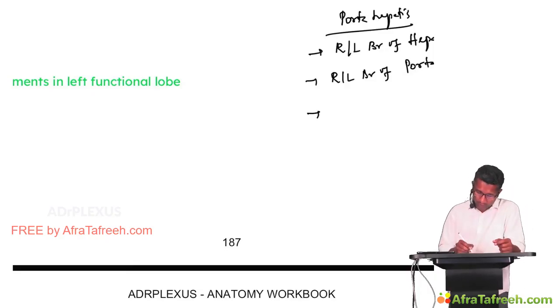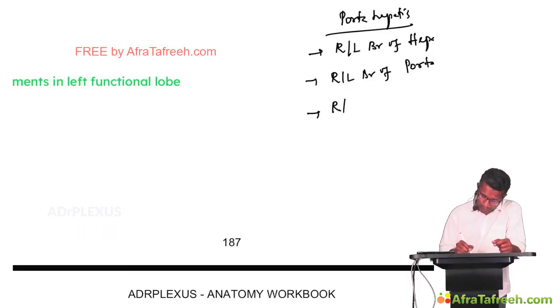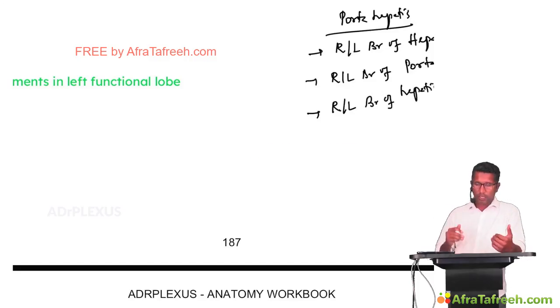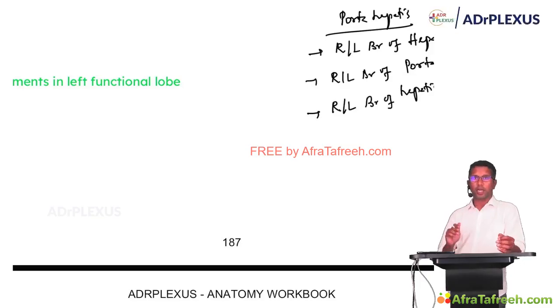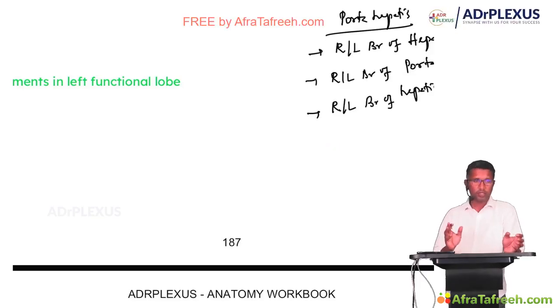You also get the right and left hepatic ducts, which come out and join together to form the common hepatic duct. So the porta hepatis allows the passage of these three structures.